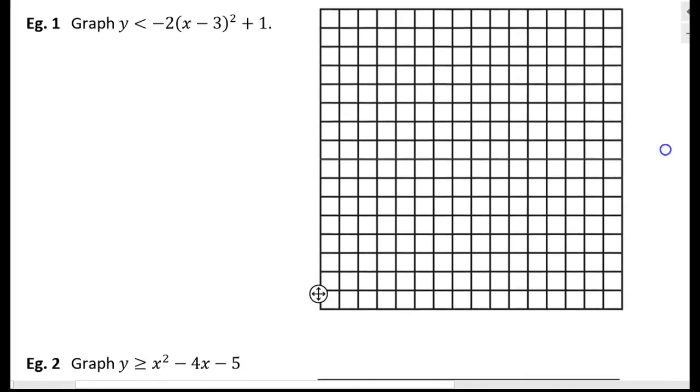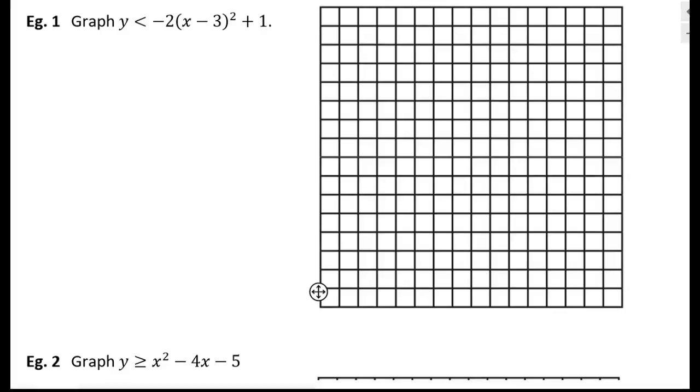So example 1. We've got graph y is less than my output. Okay, so that means y should be below my graph, just kind of as a different way of thinking about it. Because we're looking at it in 2 dimensions, so underneath the function.